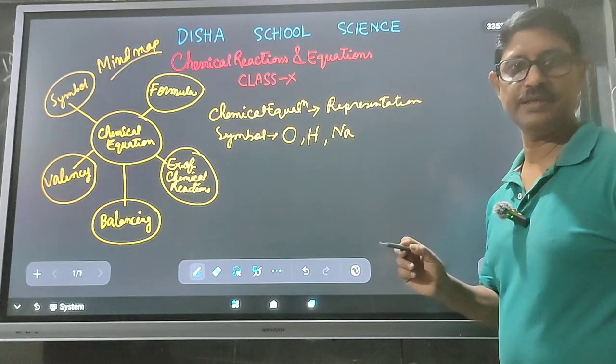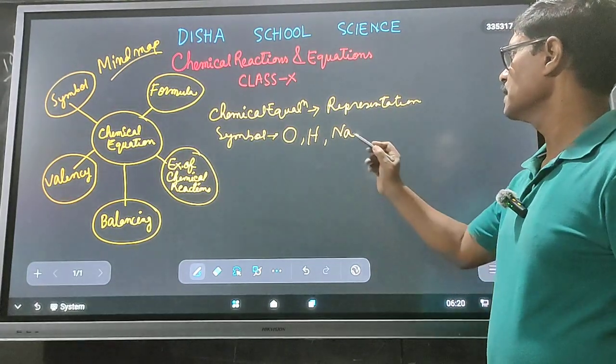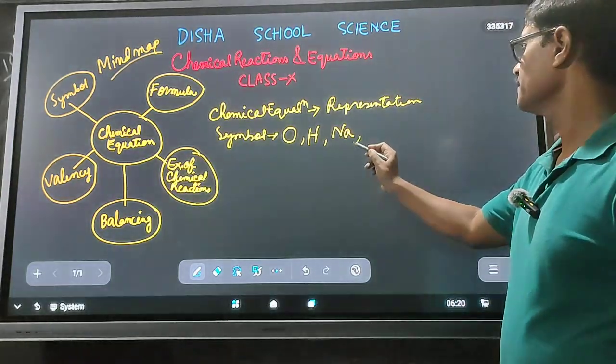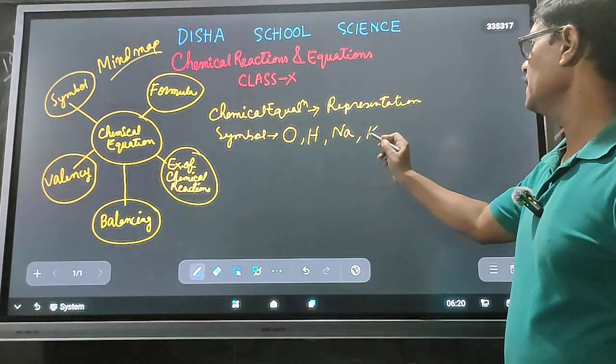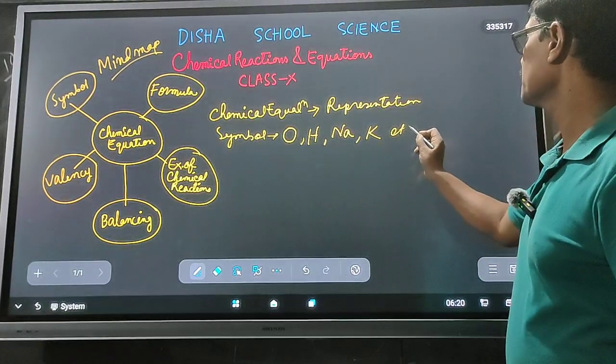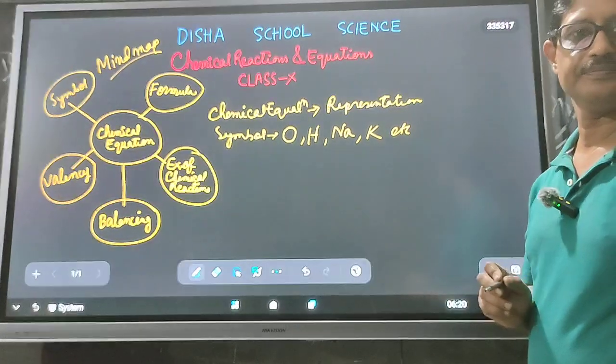Some of these elements' symbols we get from Latin names: sodium Na, potassium K, kalium Latin name, etc. So like this symbol you should know.